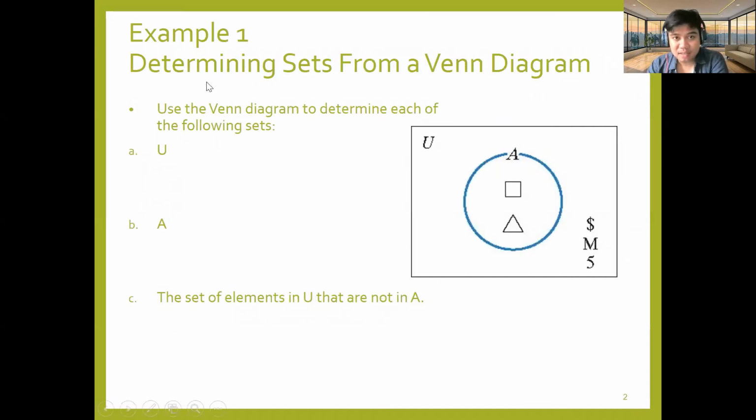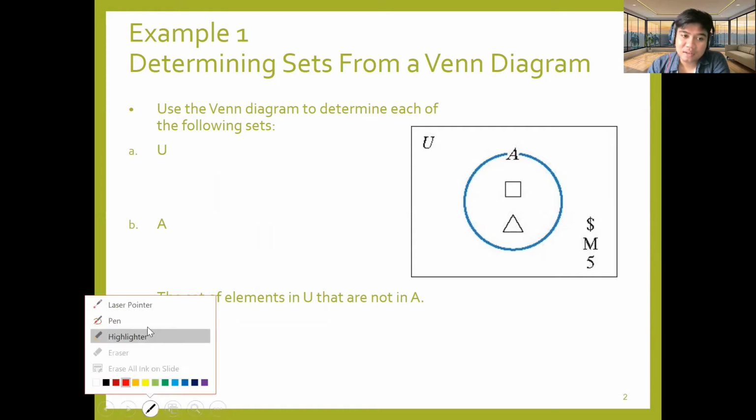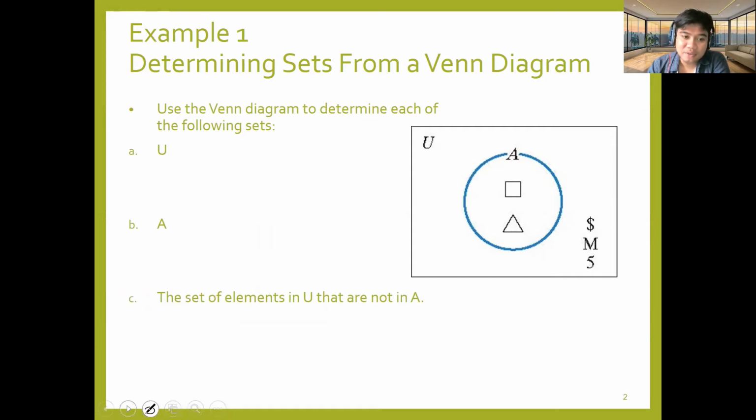So next, let us have here an example of sets from the Venn diagram. So we have here a figure. So mayroon tayong universal set, and then mayroon tayong set A. So yung set A, may square at may triangle, and outside the set A, there is a dollar sign, and there is also a letter M, and we have number 5.